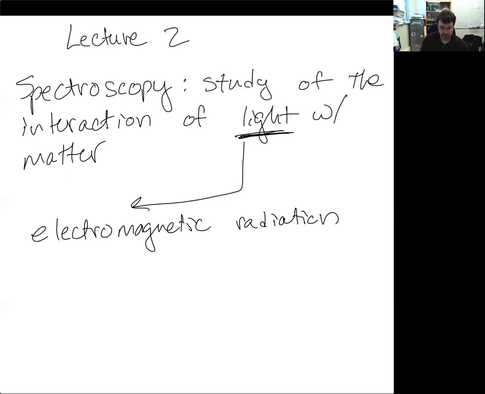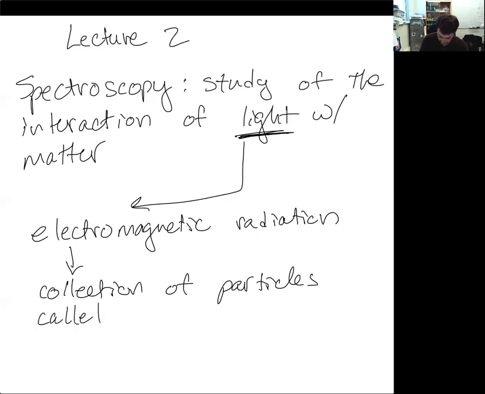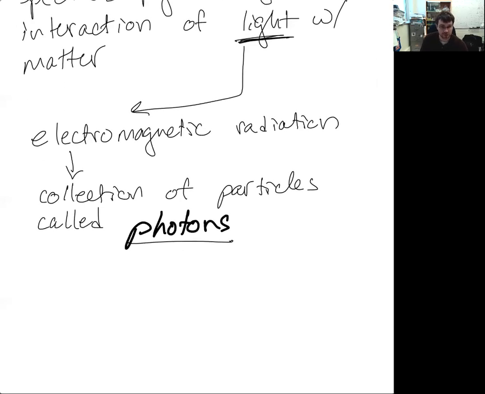So light is made up of a collection of particles called photons. Okay, that's an important word. So photons have really interesting properties. First of all, let's just re-emphasize this.